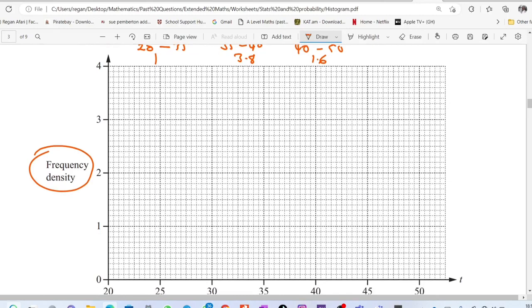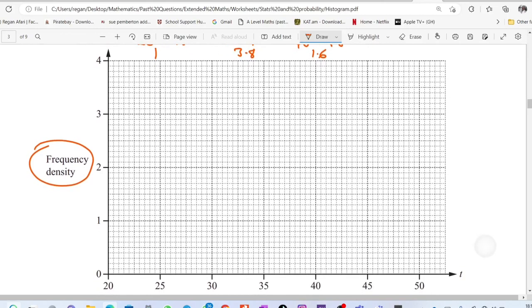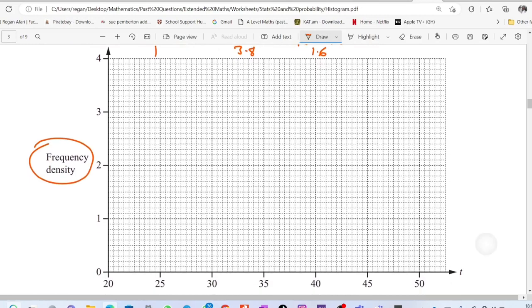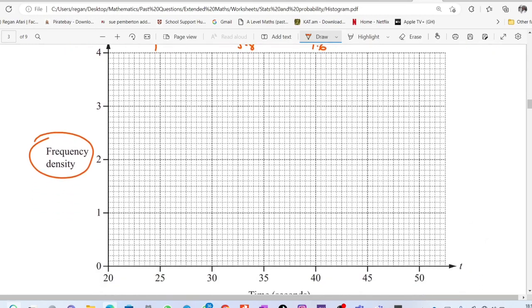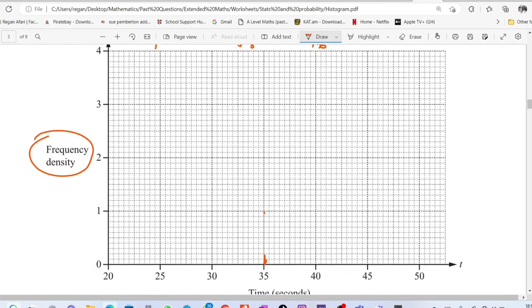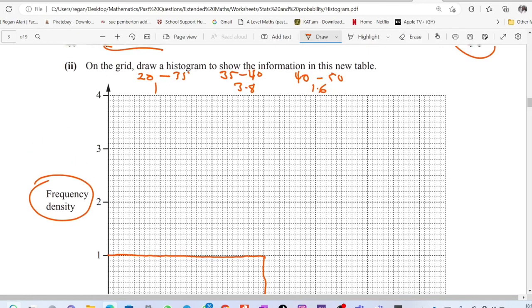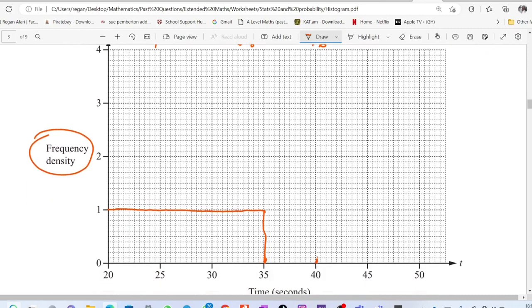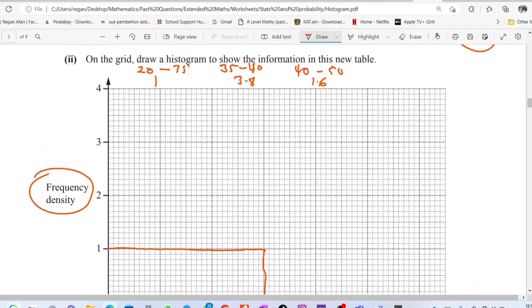Okay. So we want to work with 20 to 35. So that will be all the way to here. We want to have 1. Please use a ruler in your exam, don't use freehand like I'm doing. Okay, we're done. The next one is from 35 to 40. So just add to here. And that one has a height of 3.8.